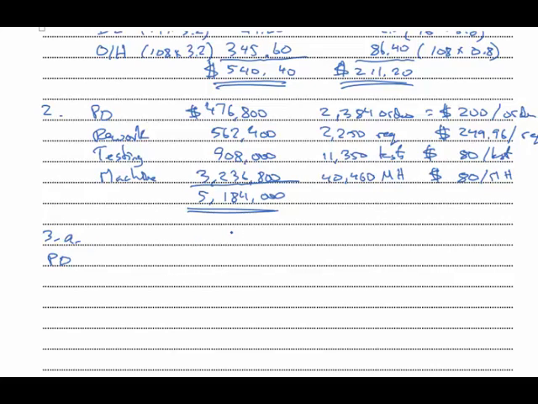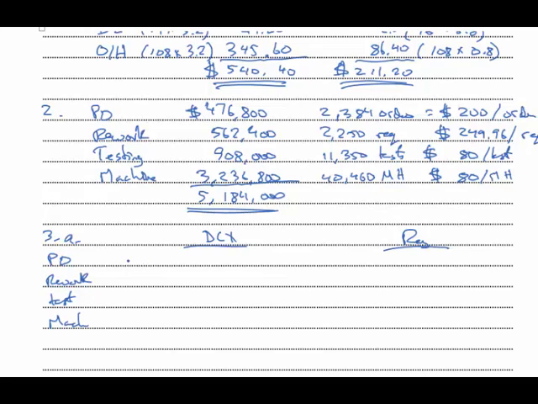So if we go PO, if we do deluxe here, regular here, so the deluxe, let's see, PO, rework, product testing, and machine.